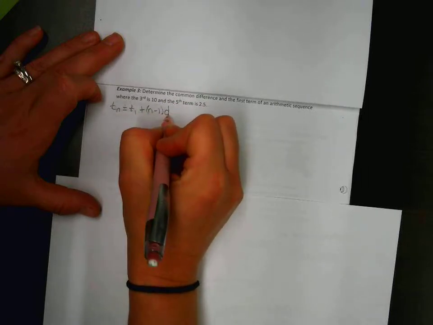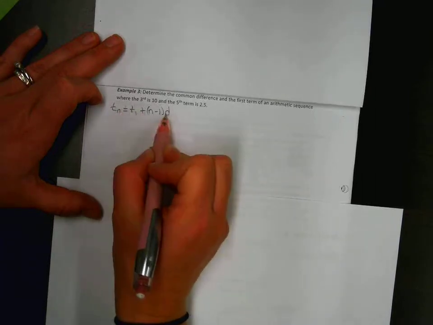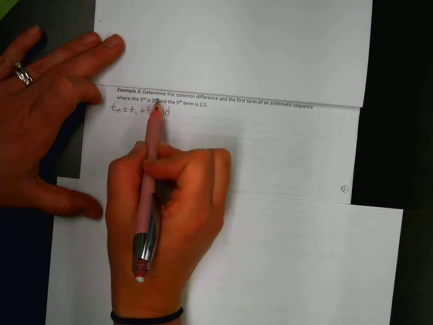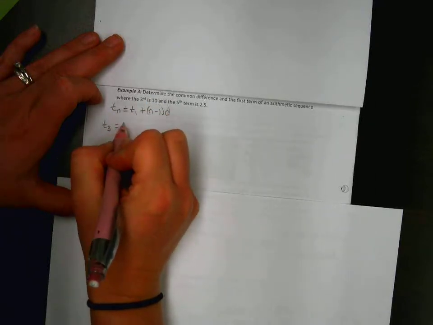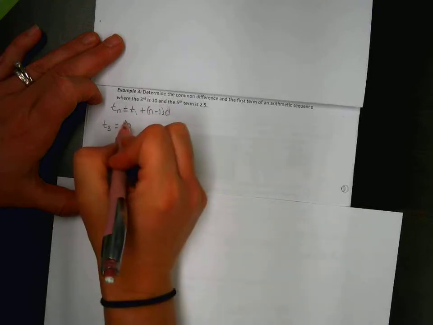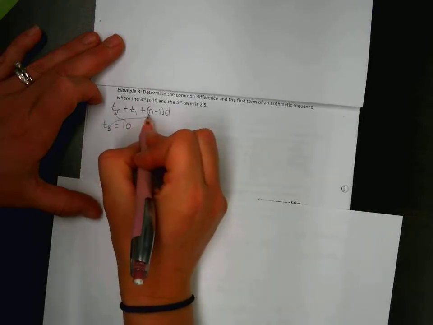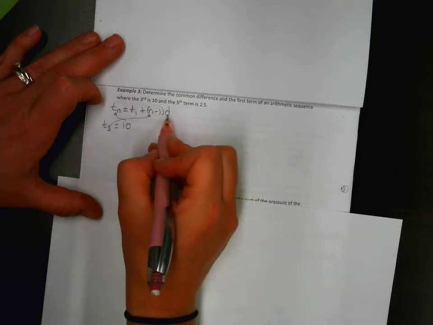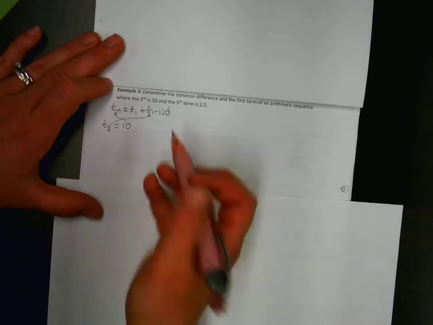In order to solve a formula, you have to basically only have one unknown value. Given this information, we're given that the third term is 10, so that would be this information, and n would be this information. We don't know anything about the common difference or the first term, so we have two unknown values in this formula.